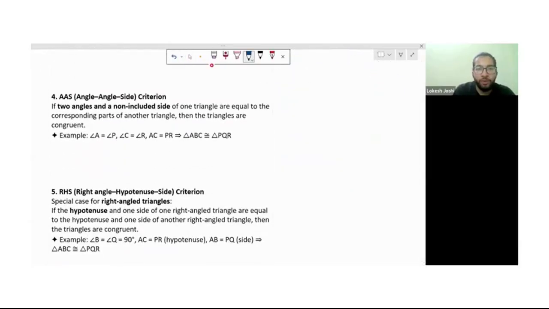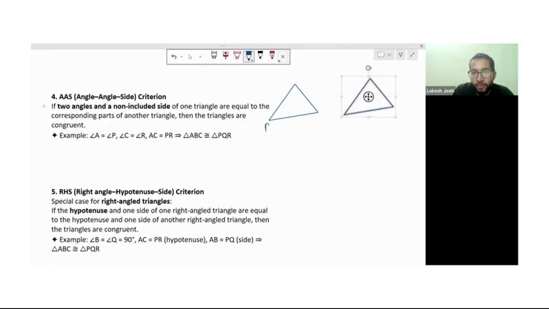Now the fourth one is angle angle side criteria. If two angles and a non-included side of one triangle are equal to the corresponding parts of another triangle, then the triangles are congruent. I am explaining this one. This is the triangle, and this one is another triangle which is congruent.